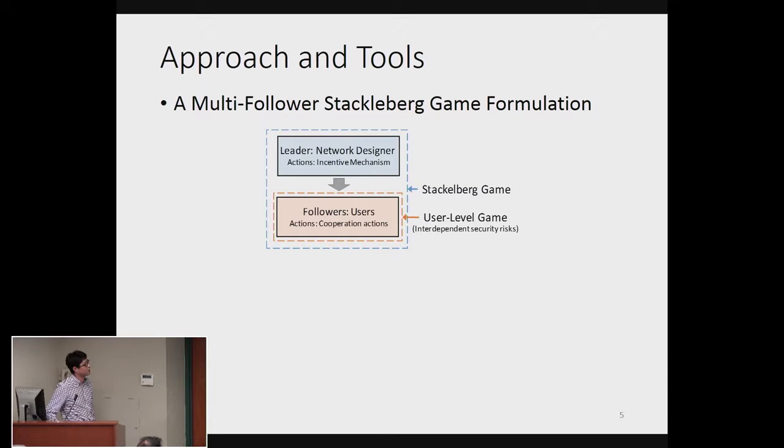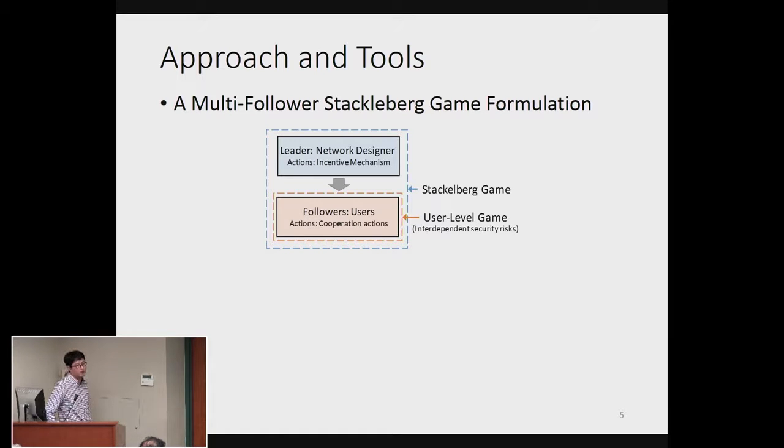In this Stackelberg game, the network designer will play as a leader who will design the incentive mechanism. For example, if a mechanism is payment-based, then the designer can design the payment function. And the users, there are multiple users, they will play as followers, and they're going to choose their cooperative actions or cooperative effort levels.